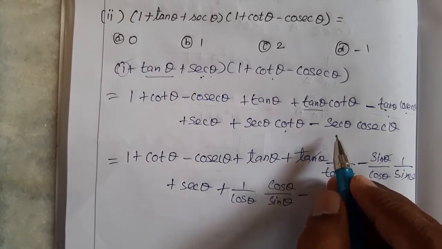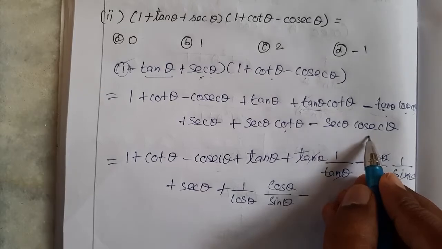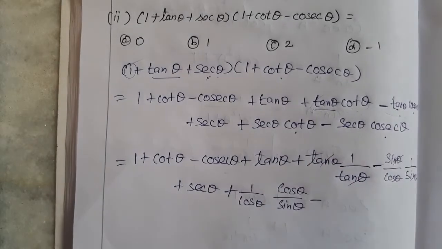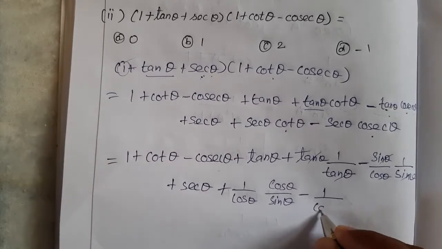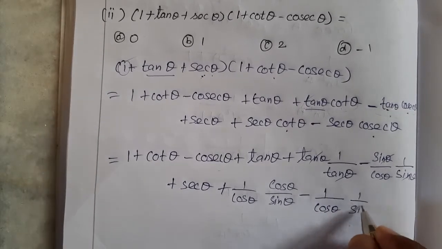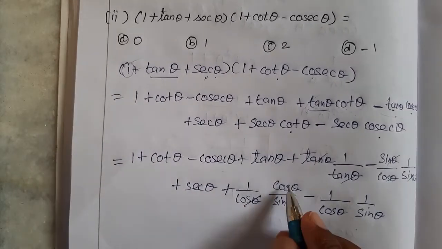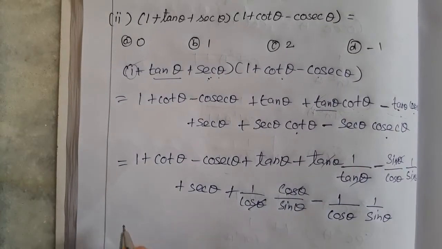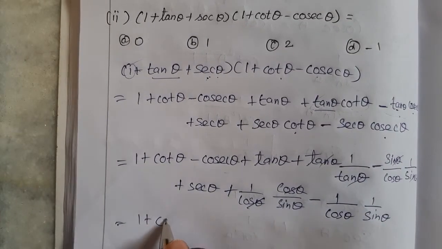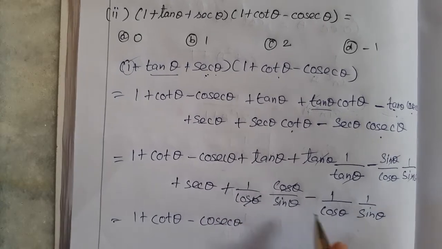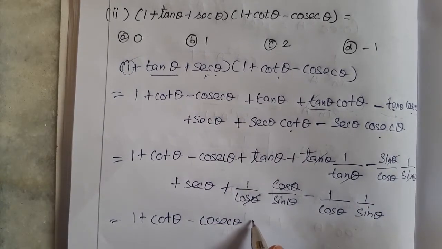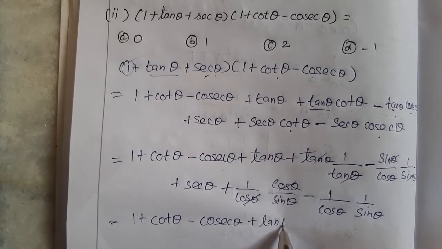The same way, the sec and the cosec. So here the cos gets cancelled, right? So you'll be getting 1 plus cot theta minus cosec theta plus tan theta.